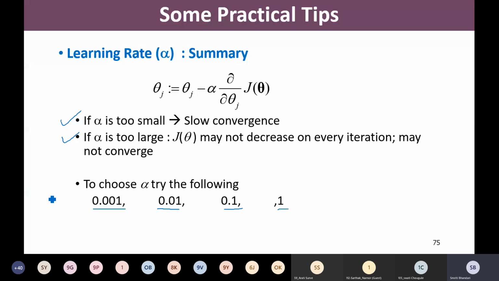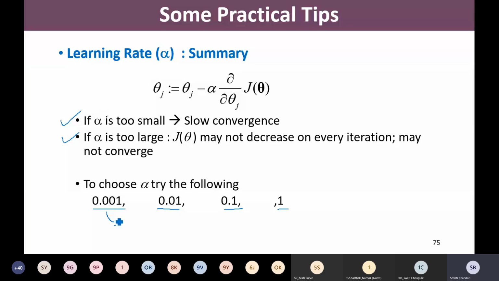Okay, and if I find that g of theta is decreasing, but the number of iterations I am taking is too much, then I can slightly increase this value. Practically, we may think of it as not a hard and fast rule, but with experience I am making those statements.